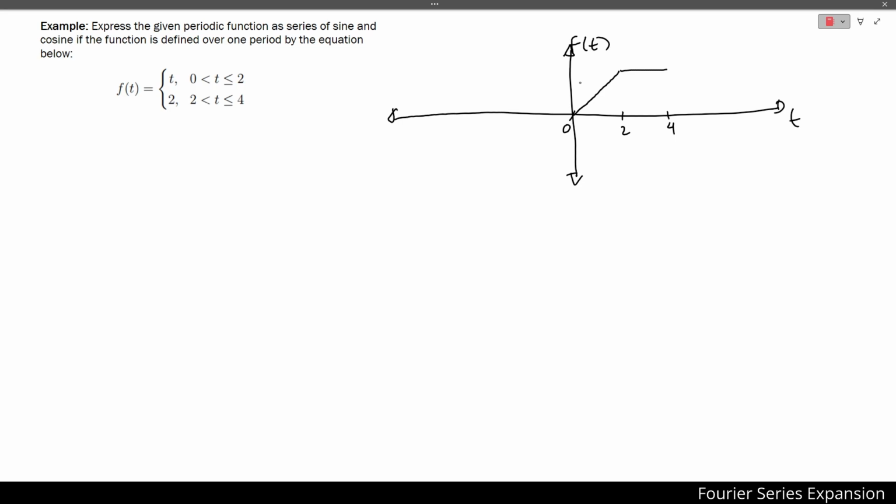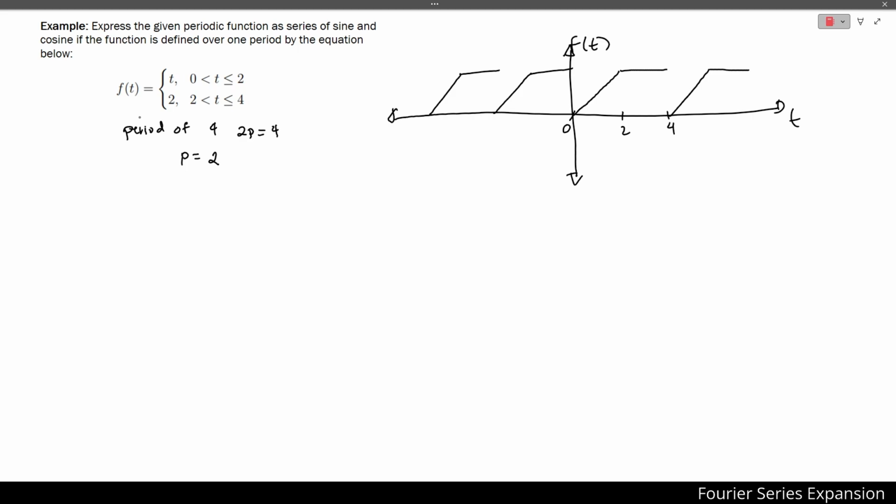Then since this is a repeating function, we expect that after this period, the values of f of t are repeating with a period of 4, or 2p is equal to 4. This would mean that your p is equal to 2.